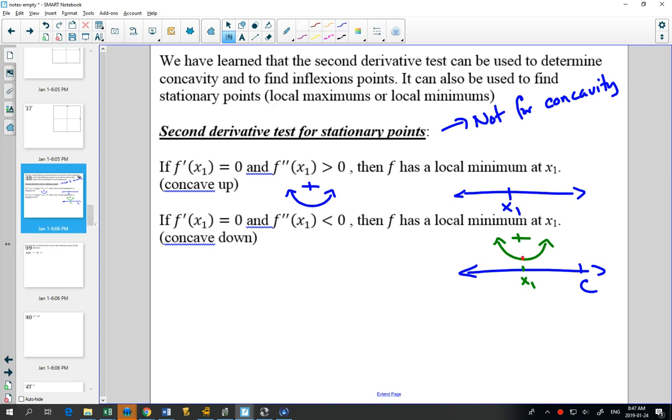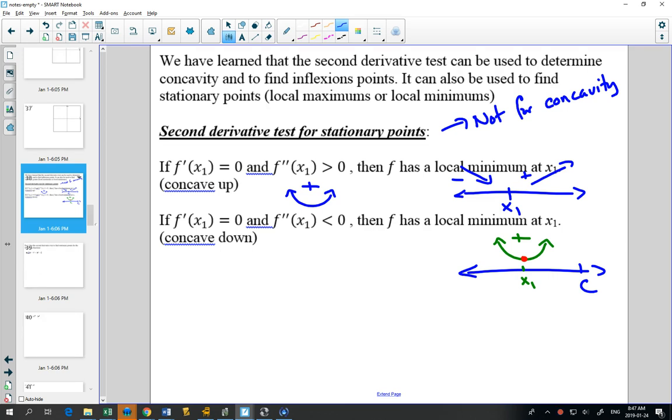The only possibility then is that it would be a minimum. Now, generally, students never use the second derivative test for minimums because you would have done this sign diagram. You would have used your first derivative to say it's decreasing, then increasing, so I know it's a minimum. And then we forget about the second derivative test.